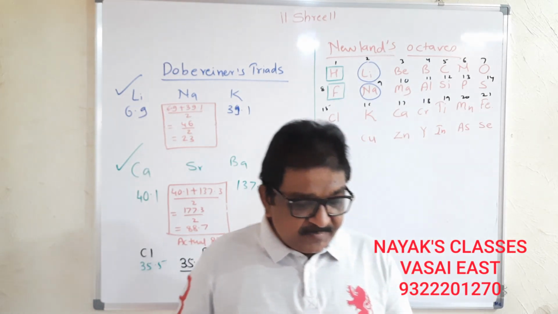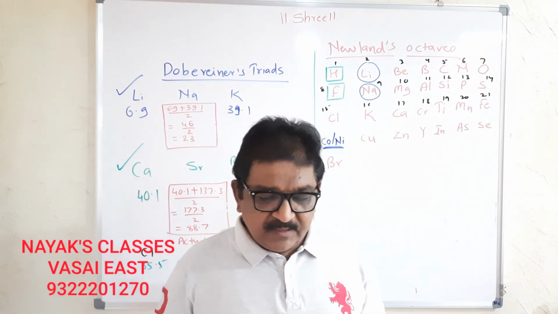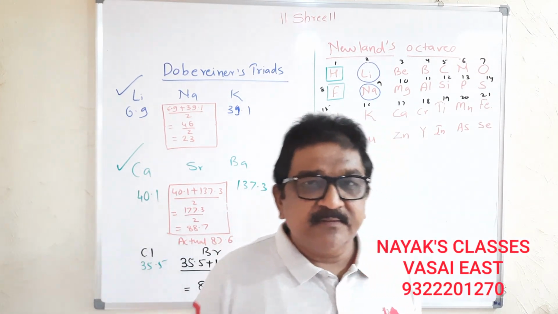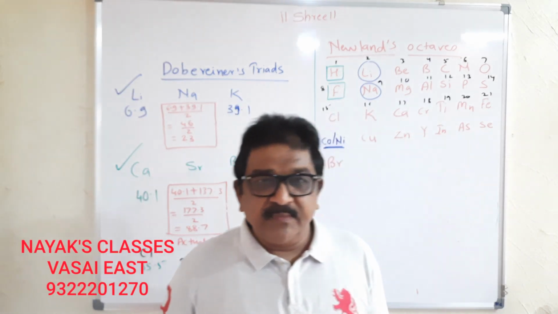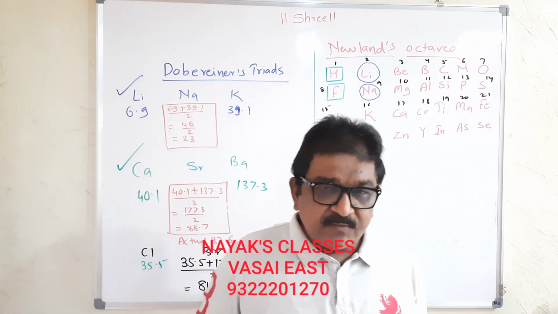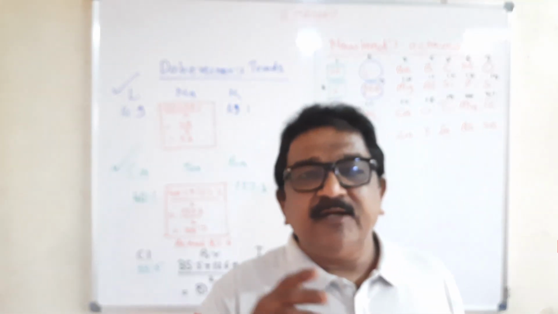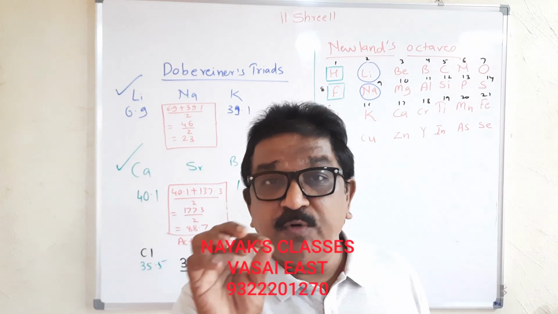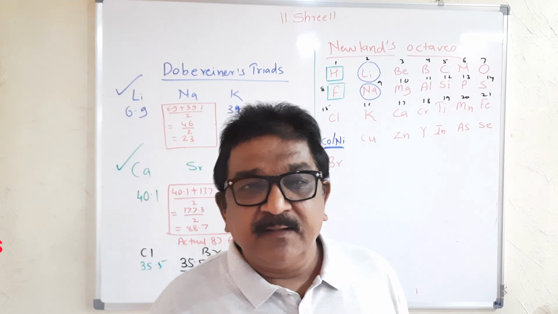Next topic. The first attempt was made by the scientist called Dobereiner. While studying the pattern, the atomic mass, at that time atomic number was not known, people did not know the atomic number.